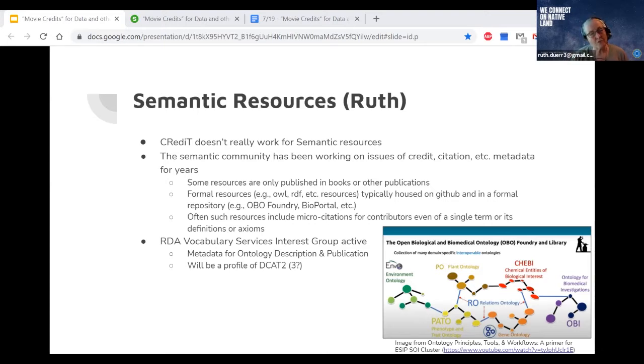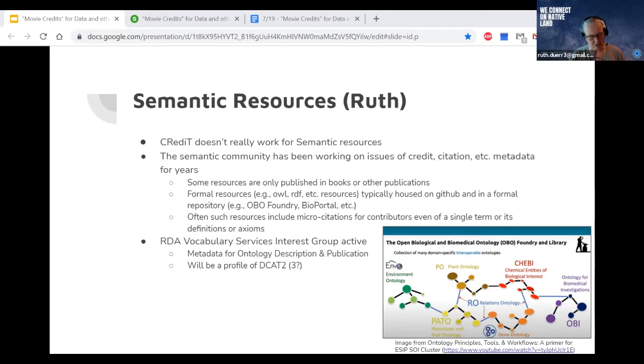And also, the community has started making a practice of including micro-citations for the larger, more well-curated ontologies and things of that nature, where, for example, if you were the person who decided that some term had a particular definition and a particular set of axioms, or relationships, in other words, you would likely be microcited right in the annotations for that particular term.